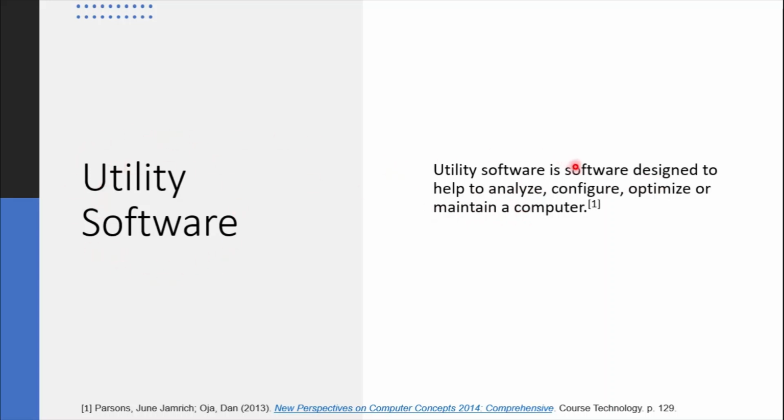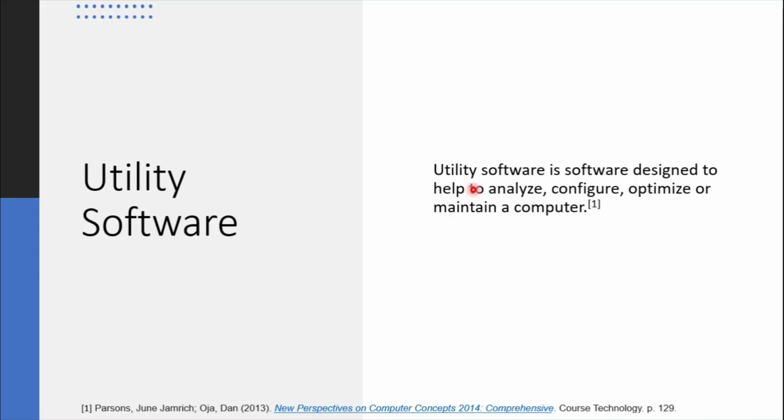This utility software is a mandatory component once we are running a computer. Especially, each and every operating system has some sort of utility software built in. These are inbuilt software. That means, as an example, if we take Windows, these programs are shipped with the operating system while we are installing it.